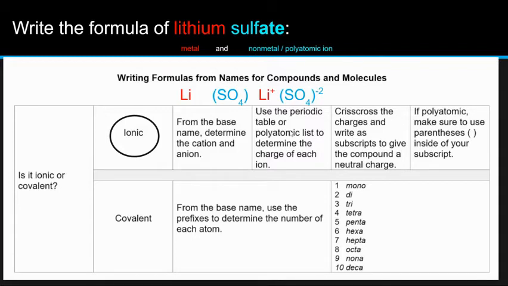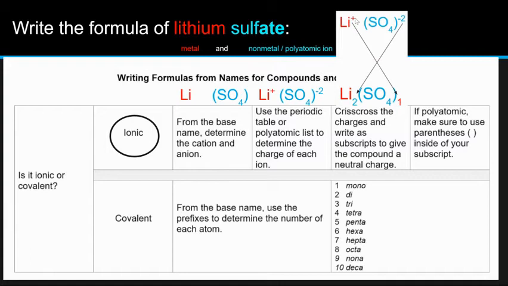All right, now we need to crisscross the charges and write them as subscripts to give the compound a neutral charge. If polyatomic, let's make sure that we put that subscript outside the parentheses as it will represent how many groups of sulfate we need. So we're going to take the +1 for lithium and put it outside the parentheses to show we need 1 group of sulfate.